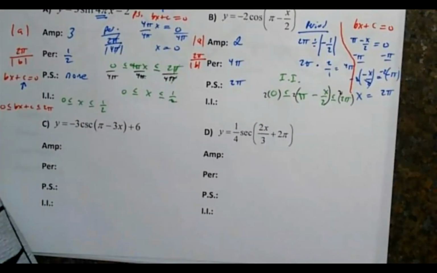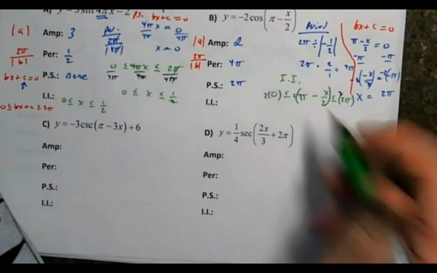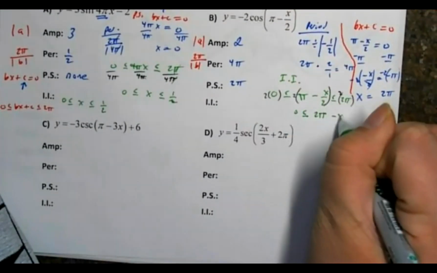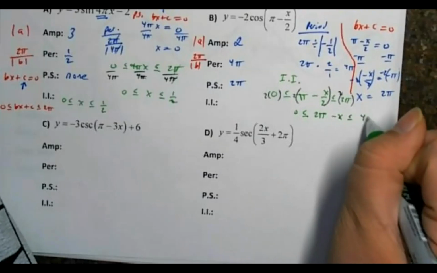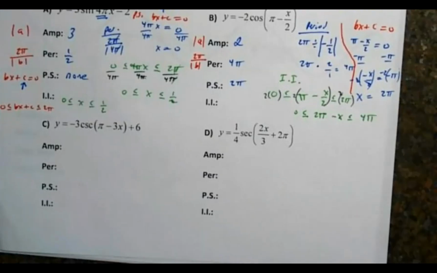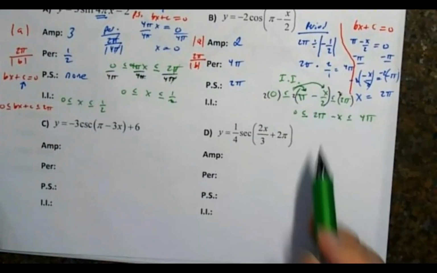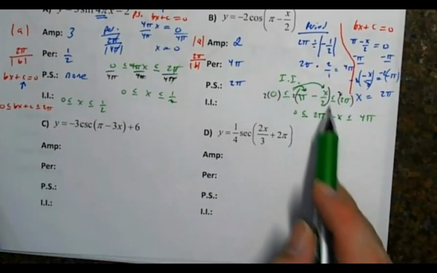So if I multiply by 2, I get 0 less than or equal to 2 pi minus x less than or equal to 4 pi. See, the 2 was distributed to both of these. So that's why this is 2 pi, and that's just now minus x.